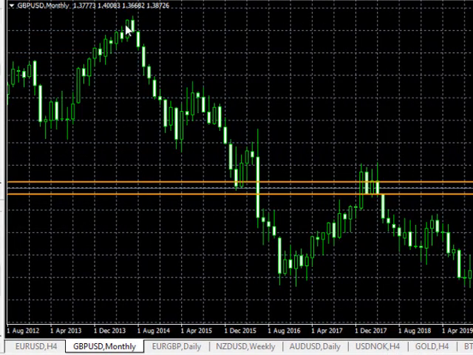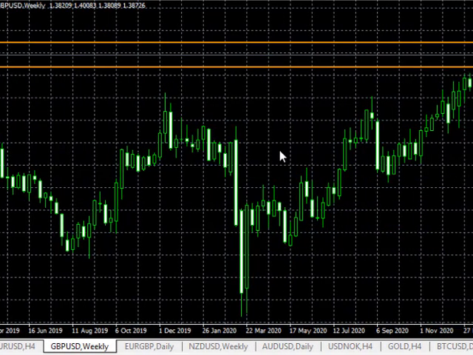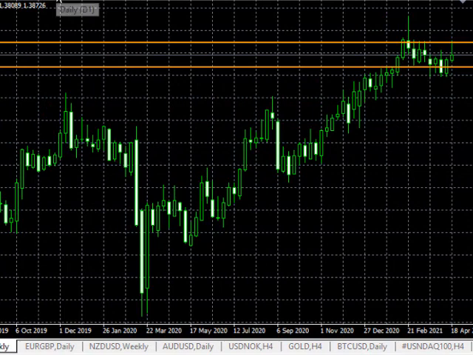This is a trend between 2014 to 2016. These are huge trends. These are long-term trends. Now, we also have medium-term trends. Let's look at the weekly chart for the medium-term trends. That's the weekly chart. So, this is a trend between September 2020 to February 2021. It's a trend, you see.